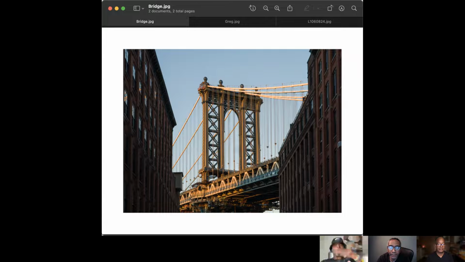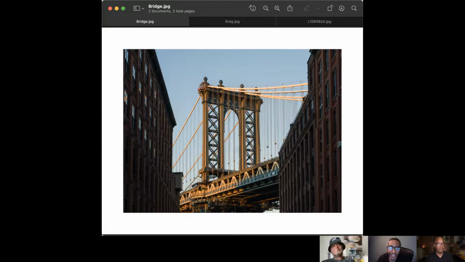Now I went to this photograph because this is a little bit easier to grasp the idea of negative space. In a photograph like this, you have the buildings and you have the bridge. Together, they are the positive spaces in the image. The fact that the cables are very light, they look like negative space, and the side of the bridge that's light, that's also negative space.